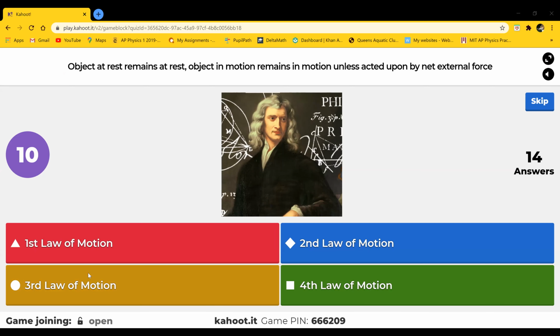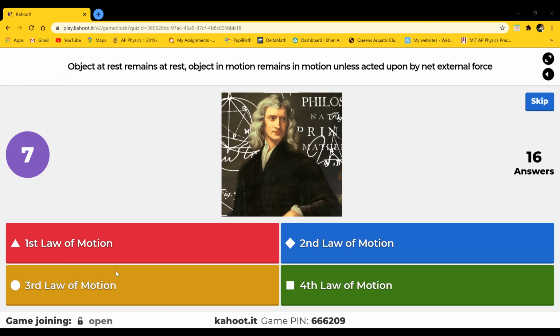Just a hint, these next two questions will all be on Newton's laws. So it tests if you really memorized them and studied them on your own.